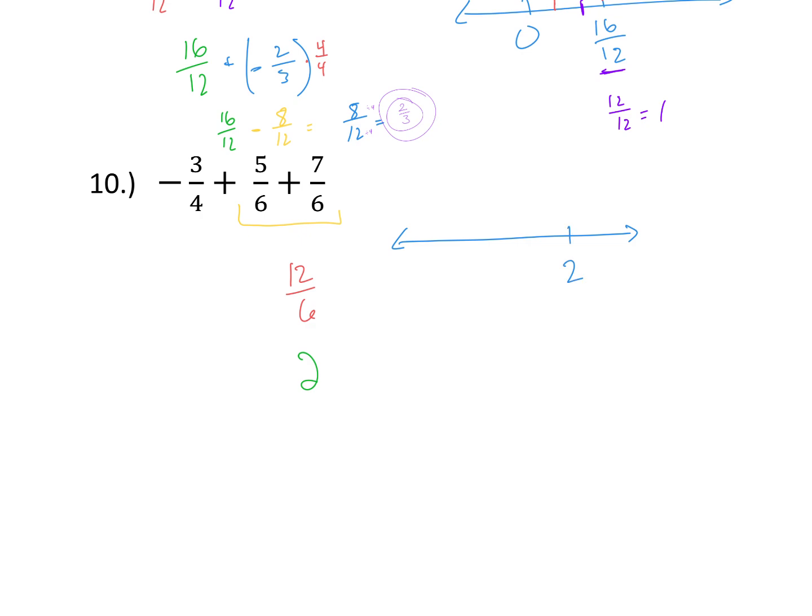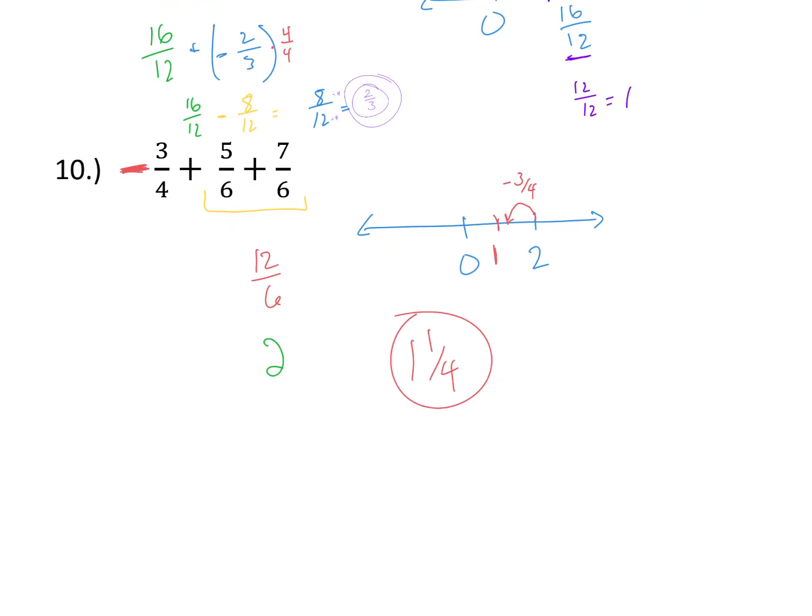So if we're at 2 and we're about to go negative 3/4, well, there's 1. 3/4 is not quite 1. In fact, we can do this math in our head. If we have 2 and we go down 3/4, our answer is 1 1/4, right? But if you don't see it, here's what we're going to do. We're going to take this negative 3/4 and put it right here.